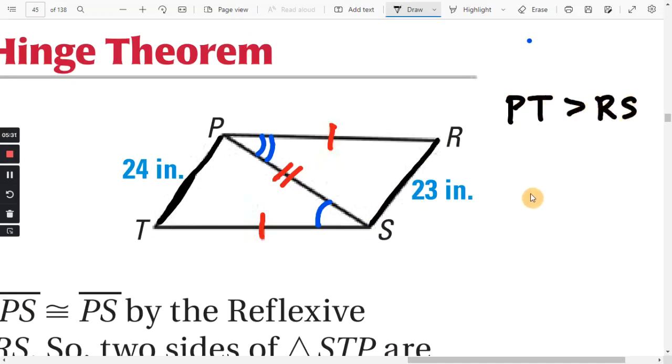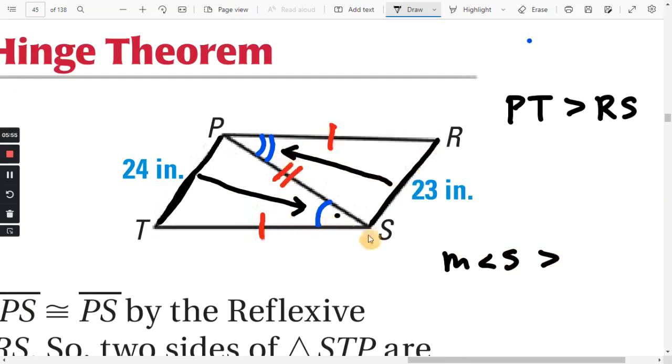All right, and as a result, the angle across is going to be greater. So if we go across from the greater side, we have angle S. So the measure of angle S is going to be greater than, and we go across from the lesser side.